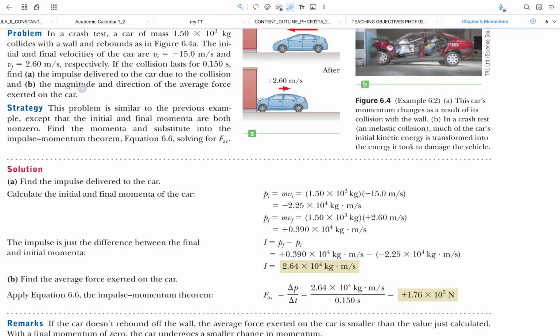Now, part B, magnitudes. Magnitudes here means value and direction. Now that you have the impulse, the value of the impulse, even though the expression is going to be equivalent to change of momentum, remember earlier I did mention F times t.